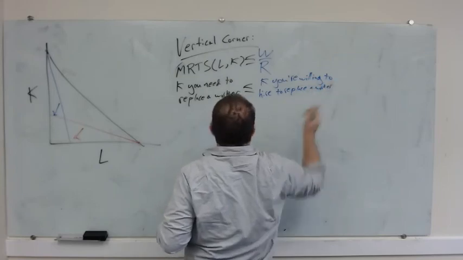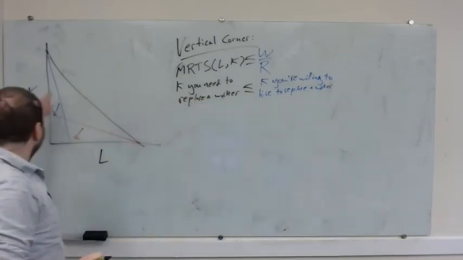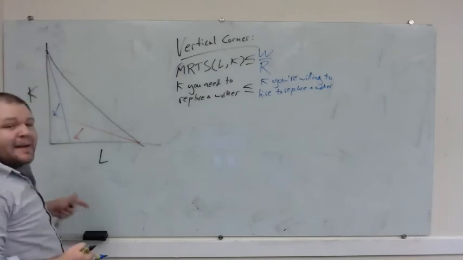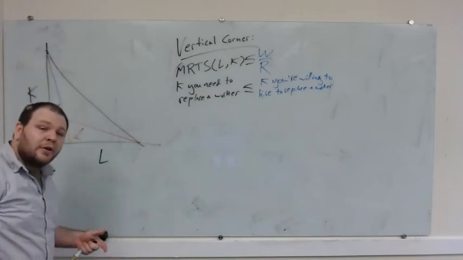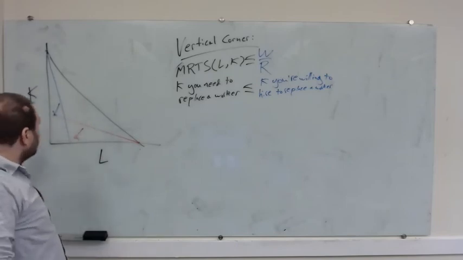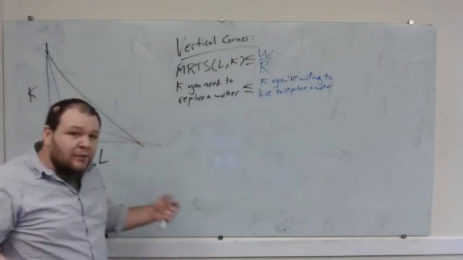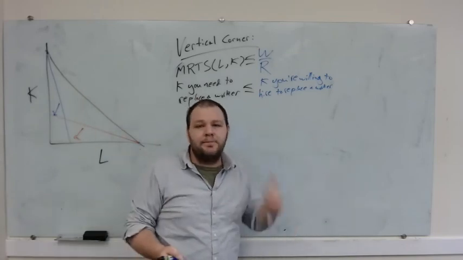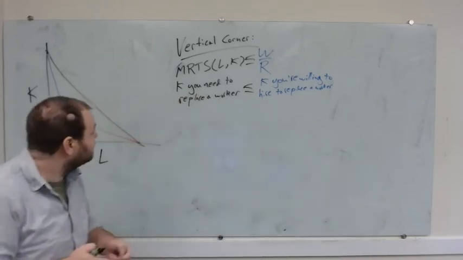So what's this saying? It's saying that if the amount of capital you need to replace a worker is less than the amount of capital that you're willing to pay to replace a worker, then it makes sense that you've replaced all your workers. You've got one of these dark factories that doesn't have anyone working at it. It's just churning out output with machines. Cool. Robot apocalypse. So how about the other corner?